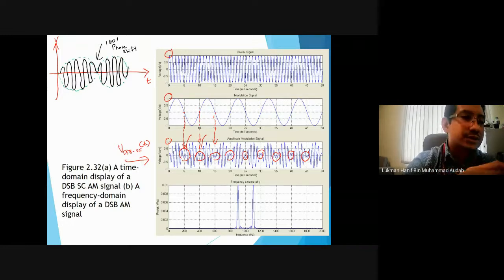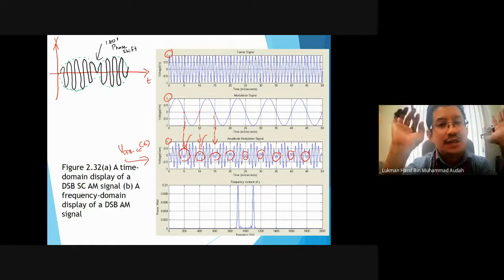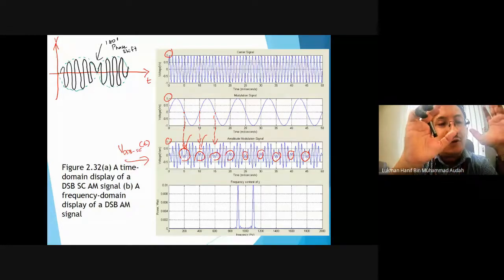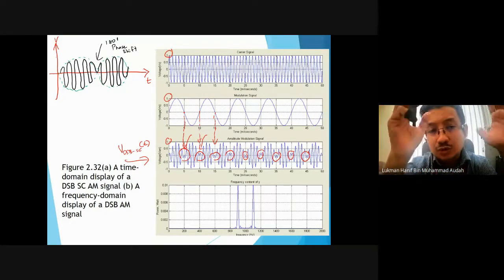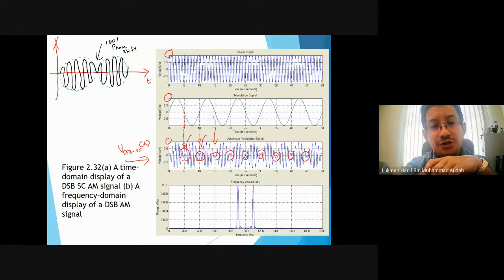Tak perlu ada label Vmax, Vmin, tak perlulah. Kita nak lihat ini sahaja kalau diminta lukis. Enough for you to show this kind of thing only. Yang terutama dan penting adalah menunjukkan phase shift dia.